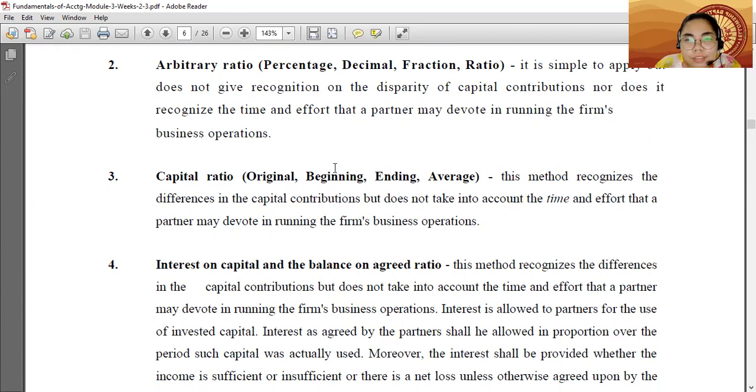This method recognizes the differences in the capital contribution but does not take into account the time and effort that a partner may devote in running the firm's business operation.